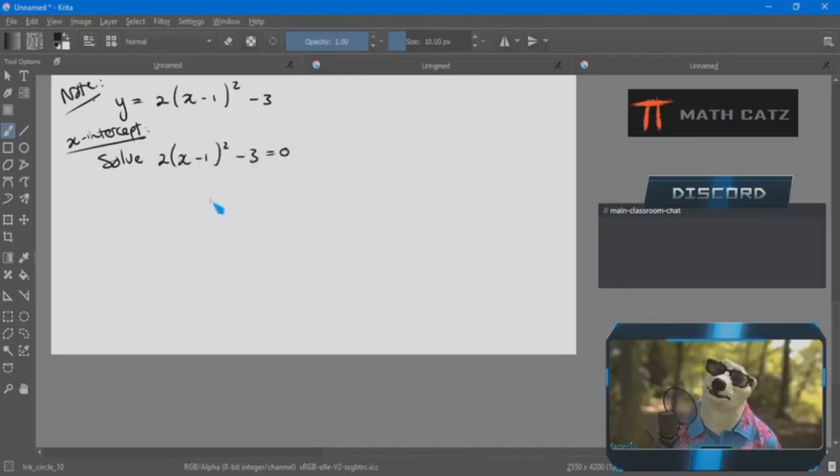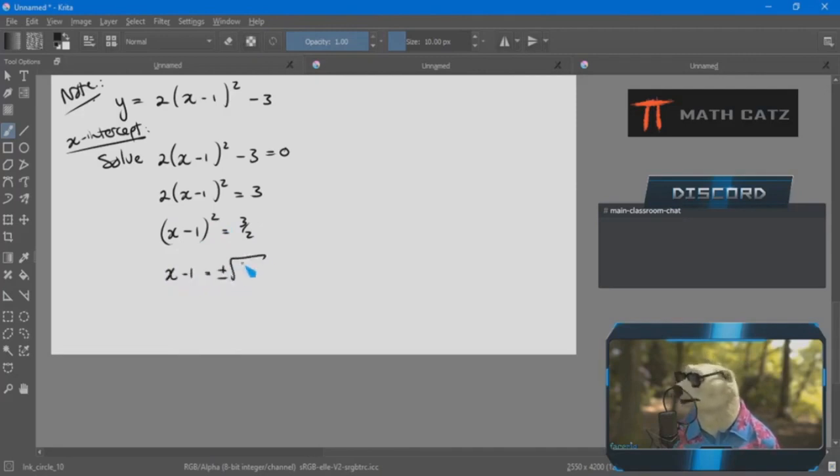Now, if I have it in standard form, that's not that big a deal. I move the 3 to the other side. I divide by 2. So it's 3 over 2. I then get rid of the square by square rooting everything, remembering that it's a plus or a minus.